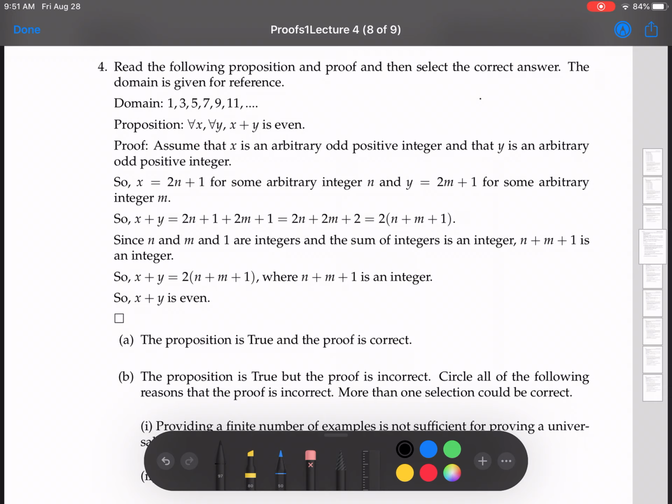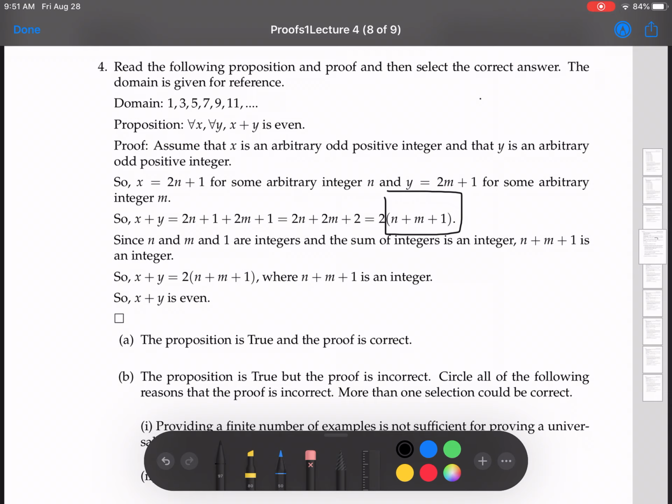And so to say that x plus y is even, it has to be 2 times some integer. So the question is, how do we know that n plus m plus 1 is some integer?